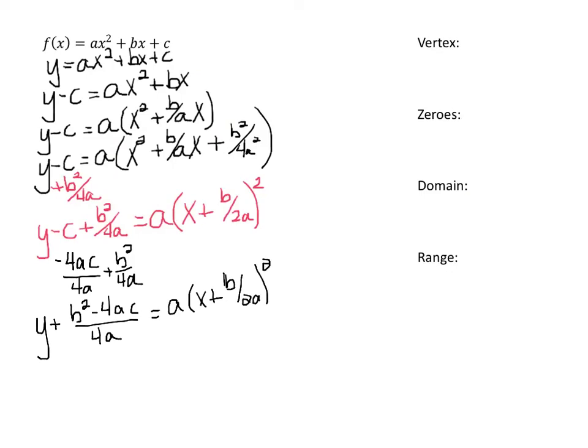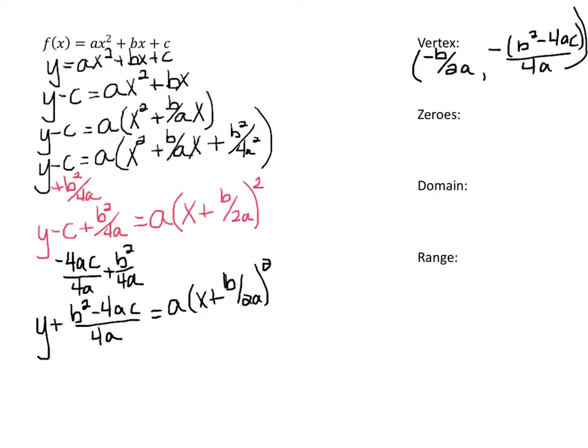So now when I write the vertex here, it is negative b over 2a, and then negative b squared minus 4ac over 4a.